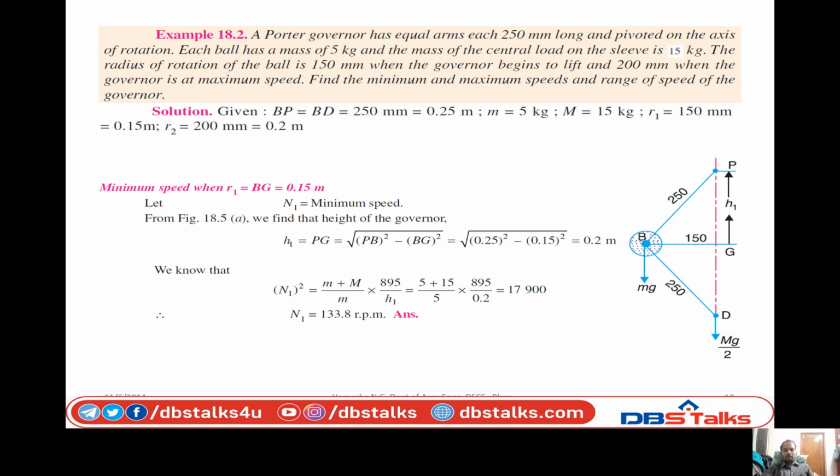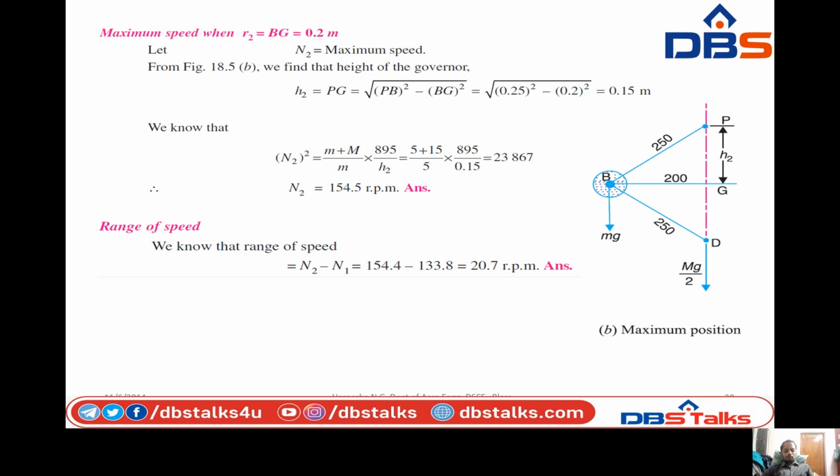The maximum speed with respect to R2, that is BG is equal to 0.2 meter, that means 200 mm. Let N2 be the maximum speed. The same thing we discussed for minimum is to be repeated here also. From the figure, the height of the governor H2 is equal to PG, equal to the square root of hypotenuse PB square minus BG square.